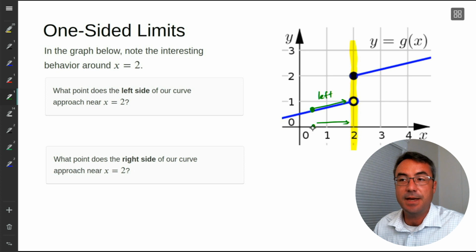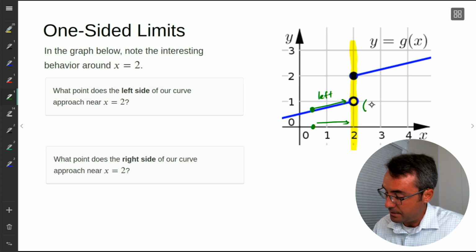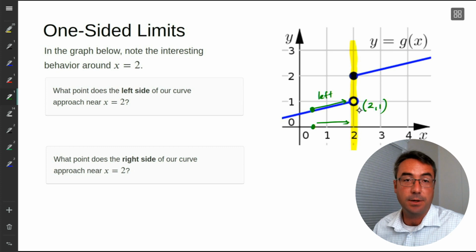As these input values get closer and closer to 2, what is the corresponding point on the curve doing? Well, it's moving this way, and it looks like we're getting closer and closer to this point right here. What are the coordinates of that point? This point has coordinates (2, 1). The x-coordinate is 2, the y-coordinate is 1. This point is not actually on our curve, though, but we're getting closer and closer to it.